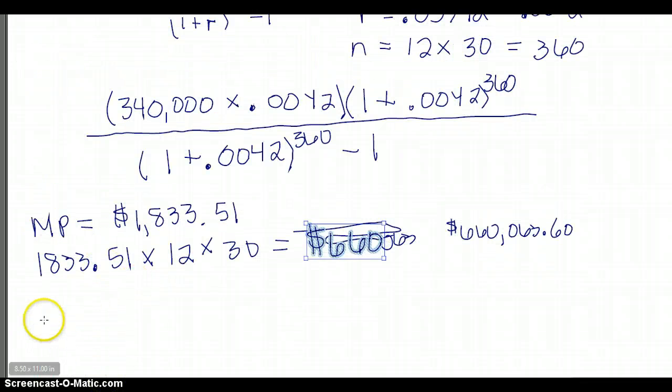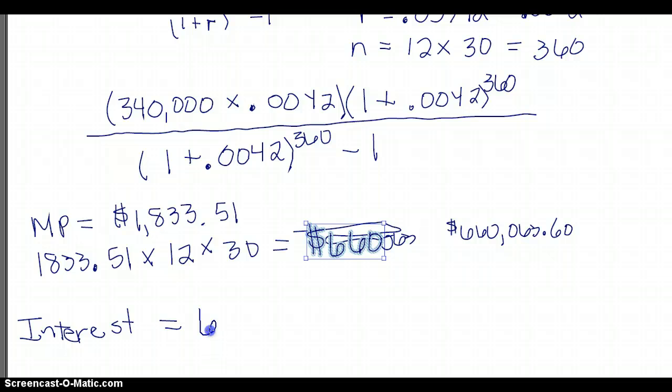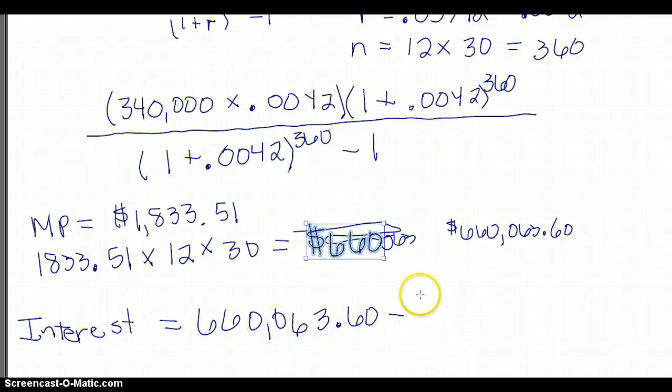And then we can find our interest. Our interest is going to equal the amount paid back, $660,063.60, minus the original amount of the loan, $340,000.